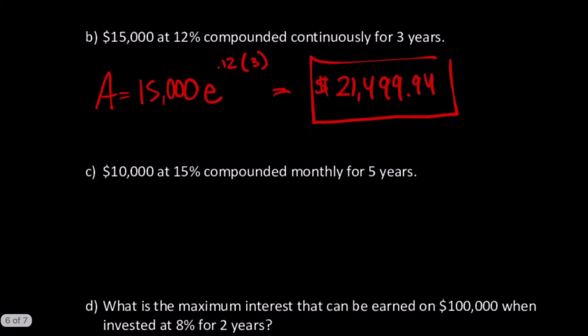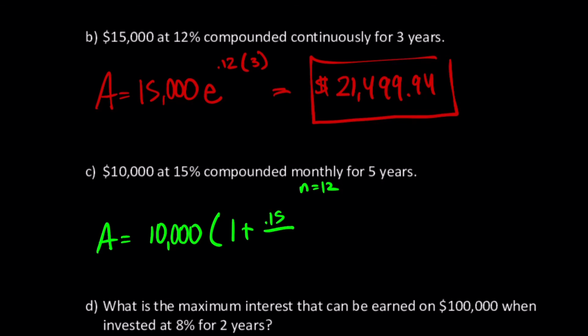Again, another calculator exercise, $10,000 at 15% compounded monthly. So n equals 12. This will be A equals 10,000 times 1 plus my interest rate, 0.15, divided by 12, to the 12 times the number of years. So notice in this compound interest formula, these two numbers are always the same.